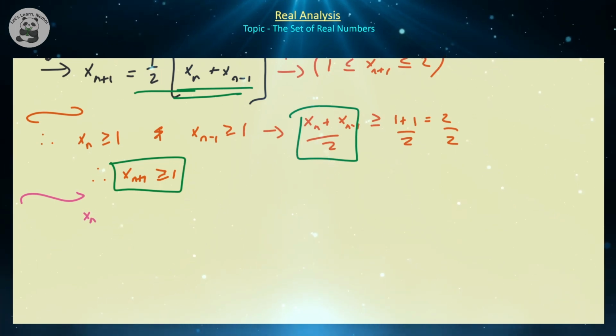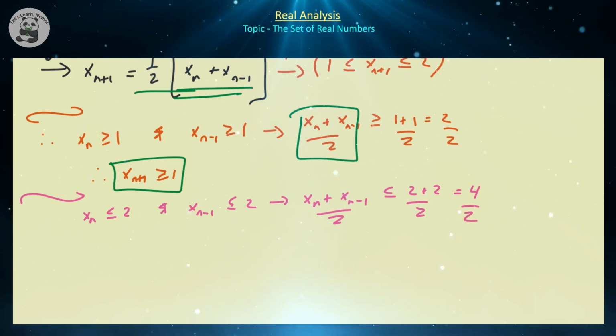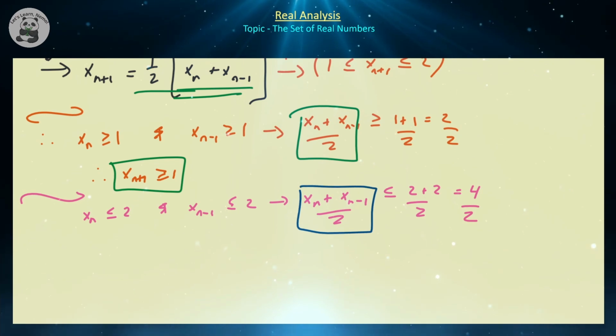Similarly, we know that x_n is less than or equal to 2. We know that x_{n-1} is also less than or equal to 2, which means that x_n plus x_{n-1} is going to be less than or equal to 2 plus 2, which is equal to 4. Now what I want to do is divide all sides by 2 so I can generate my average on this right-hand side, and there is x_{n+1}, and that's going to be less than or equal to 2, right?